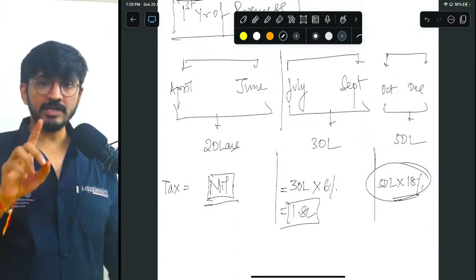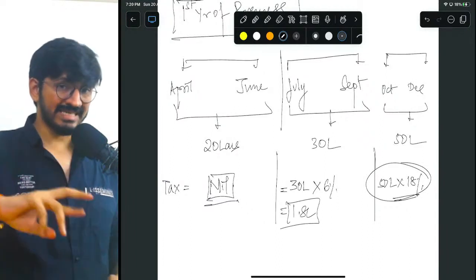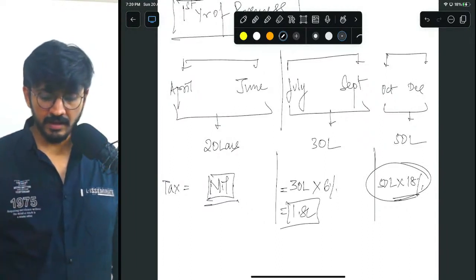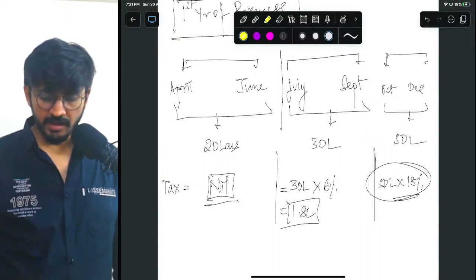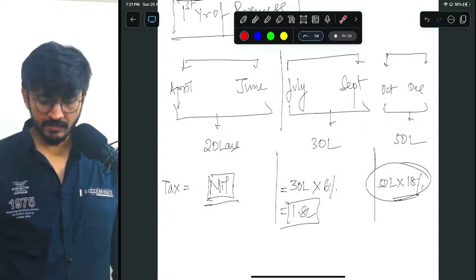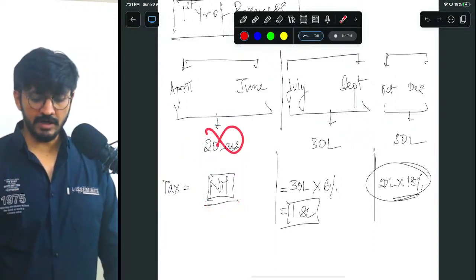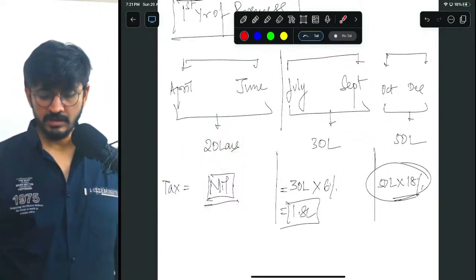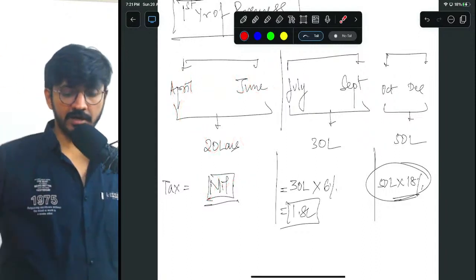So here, do you realize what we did? While calculating the tax amount, the tax computation, we clearly did not take this 20 lakhs. The first quarter's data of 20 lakhs was not taken into account.